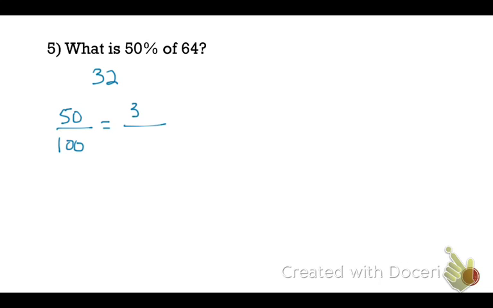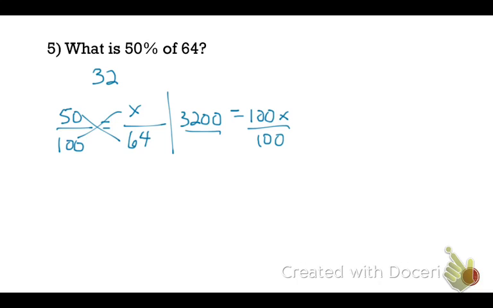And then we don't know what that amount is compared to 64. And then you can just use the cross multiplying. So 50 times 64 is 3,200. And that'll equal 100x.